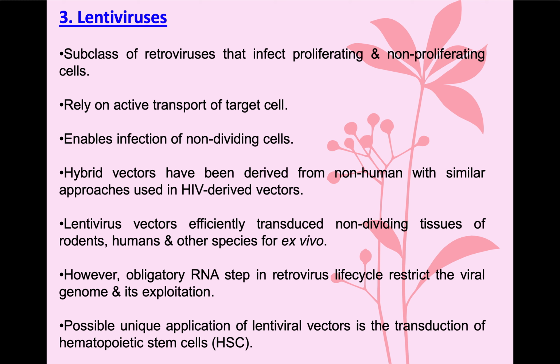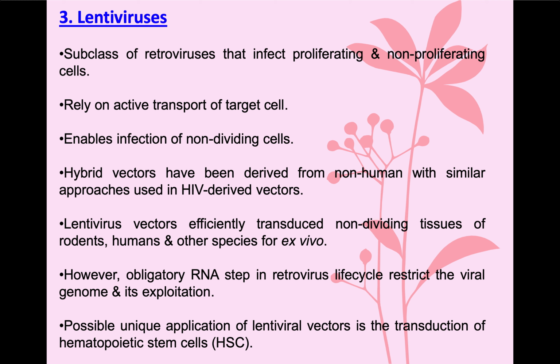Usually lentiviral vectors are constructed as hybrid vectors from non-human viruses with approaches similar to those used in HIV-derived vectors. This vector efficiently transduces non-dividing tissues of rodents, humans, and other species ex vivo. In vivo hasn't been tested, or I haven't come across any paper yet.